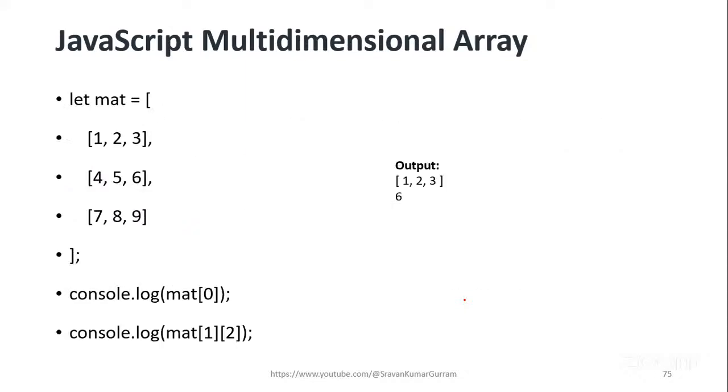Now, see the syntax, how to create a multi-dimensional array. You can use var or let, then a valid two-dimensional array name. In this example, the two-dimensional array name is mat, representing matrix, because a matrix is also a combination of rows and columns, right?